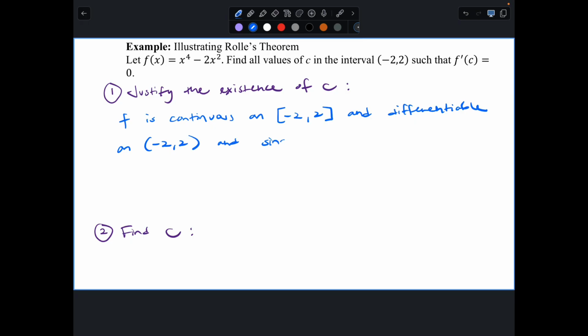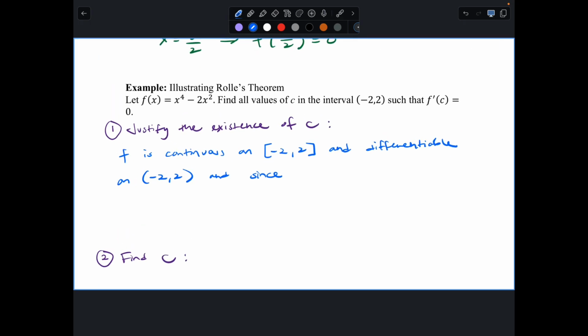And since, well, actually, we need to check the function values at the endpoints. We need to think about what f of -2 would be and what f of 2 would be. So -2 to the 4th would be 16, and then minus 8 will be 8. And since that's to the 4th and to the 2nd power, it's going to be the same thing.